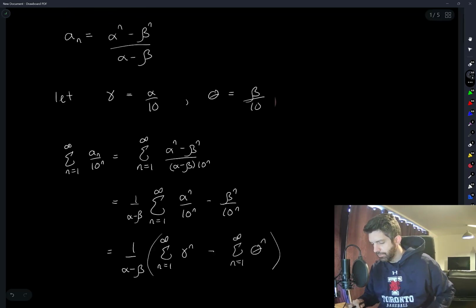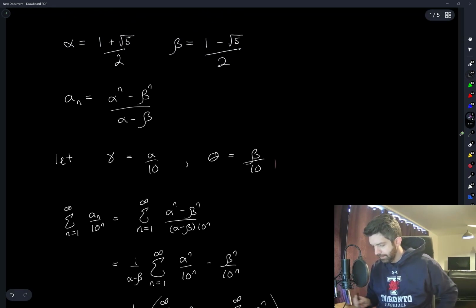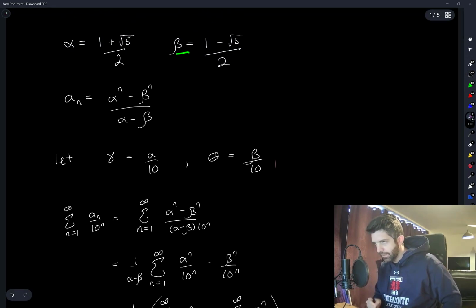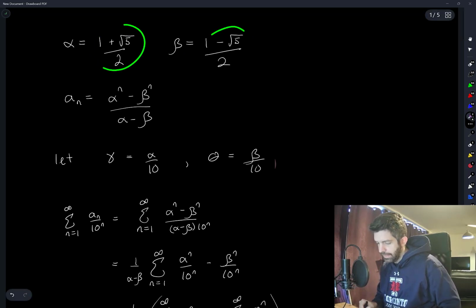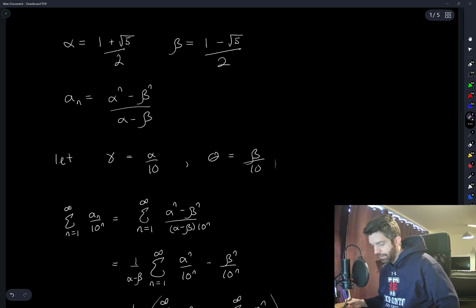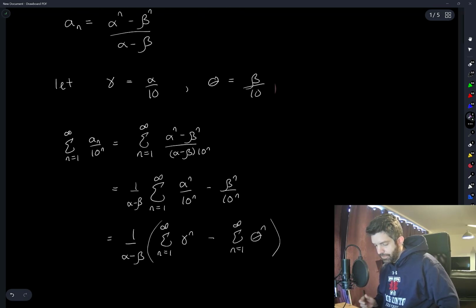Okay, let me show what I've done so far here. These constants alpha and beta come from the roots of the polynomial that are given, and using the quadratic formula, we can see pretty easily that these are the two values of alpha and beta, and we're given that a_n is defined this way. So what I'm doing is I'm defining a couple new constants, which I'll call gamma and theta, which are just alpha over 10 and beta over 10.